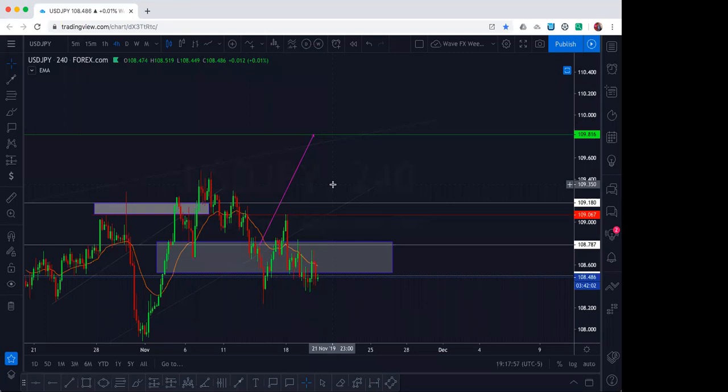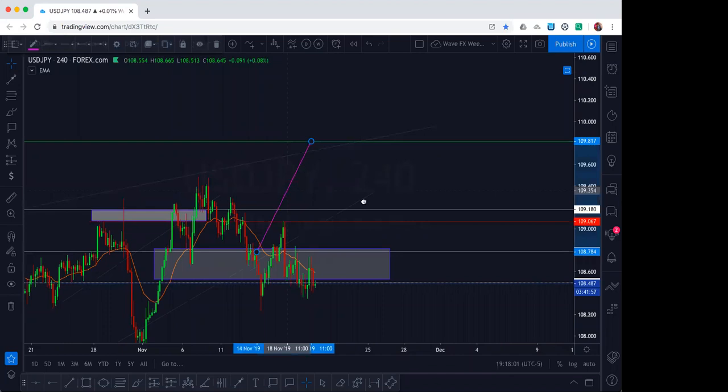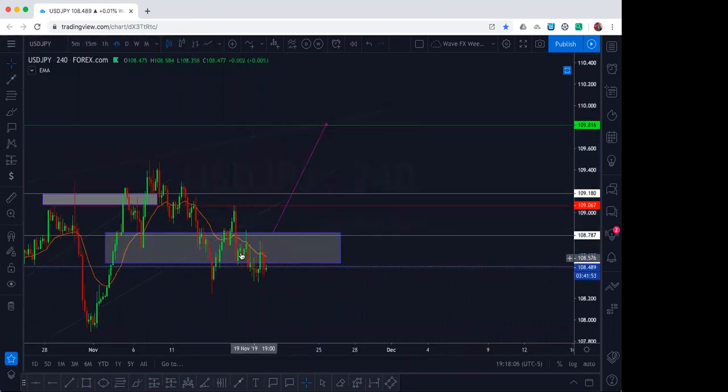All right. So the bias towards this is still to the upside. So what you want to be looking for now is just any bullish signal coming out of the market to send this trade to the upside. We're likely to see continued strength coming out of the yen as we finish off this week.